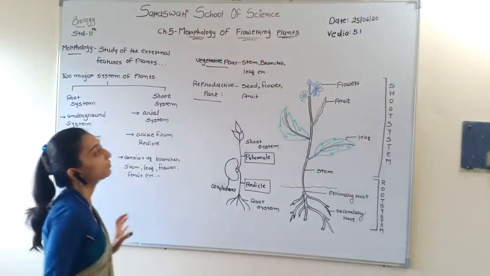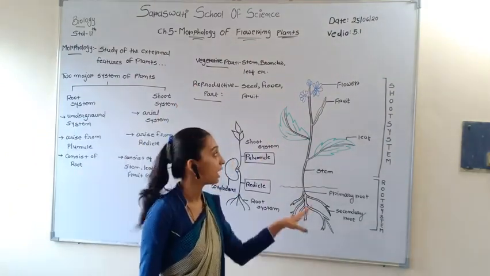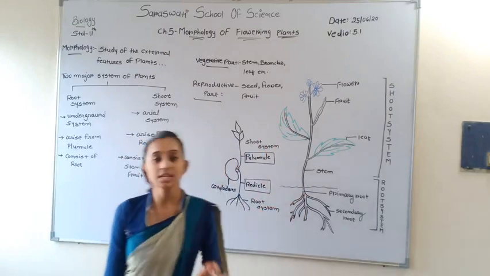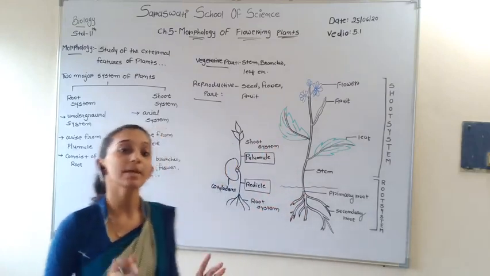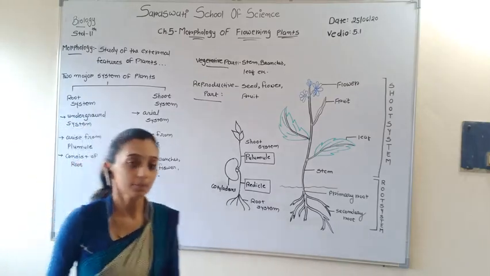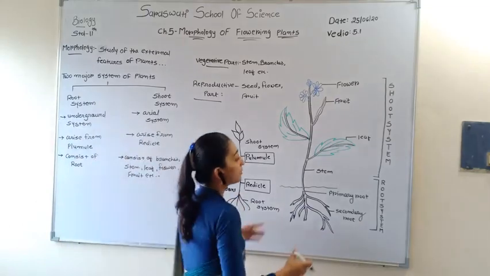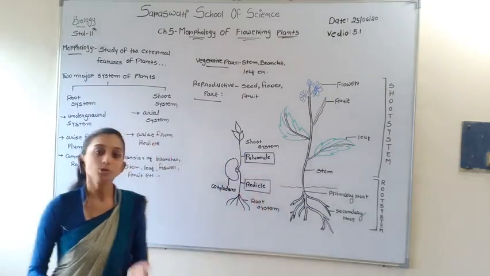In this chapter we study the external features of all the parts: flower, fruit, leaf, stem and root. This is the basic concept of this chapter, morphology of flowering plants. Any flowering plant has fruit, leaf, stem, root system and shoot system.